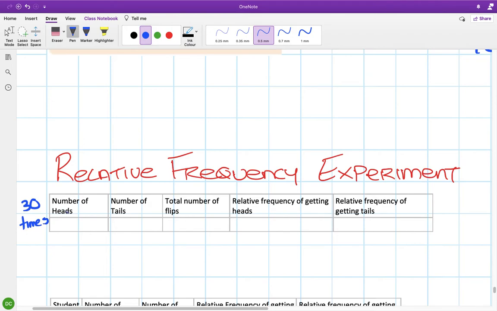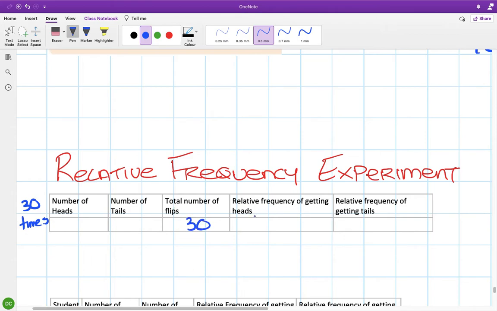And I want you to record the number of heads and the number of tails that you get after flipping the coin 30 times. So it might be 16 heads and 14 tails and so on. Okay, then you have to tell me what's the total number of flips. So that should be 30 if you've done it right.